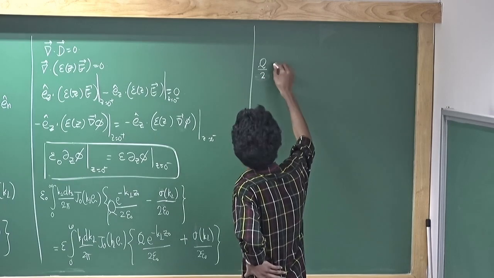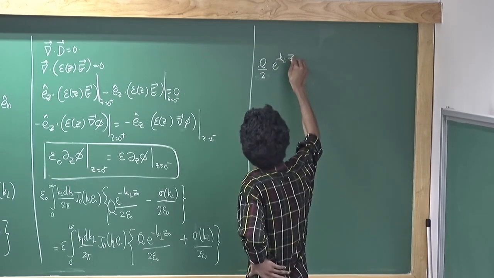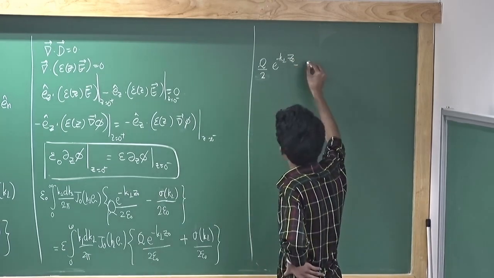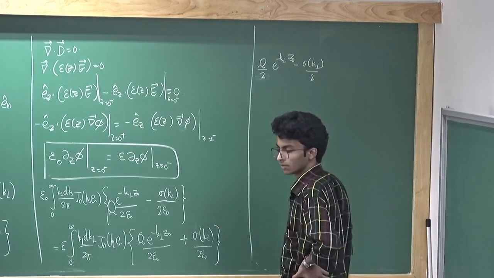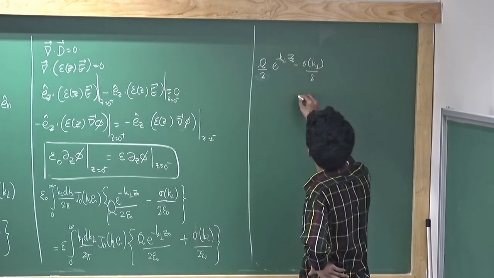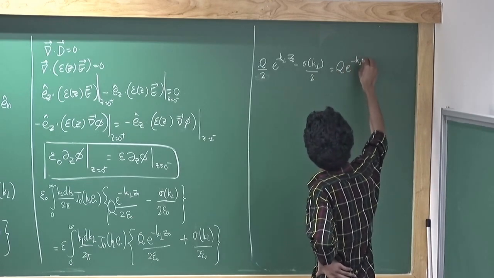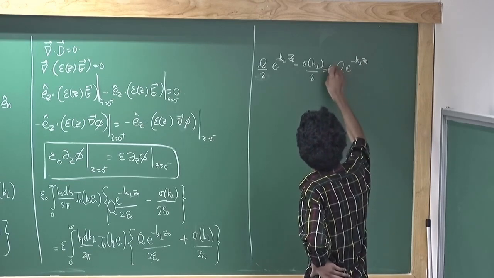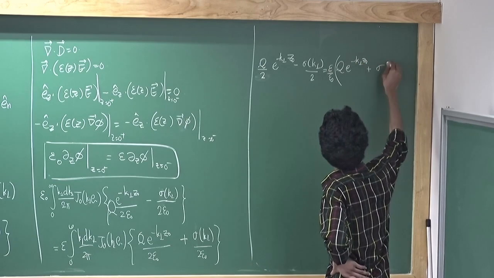Q over 2 e to the minus k perpendicular z naught minus sigma of k perpendicular over 2 equal to Q e to the minus k perpendicular z naught epsilon by epsilon naught plus sigma.